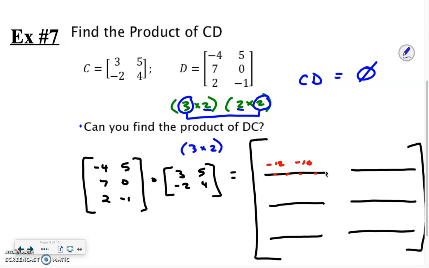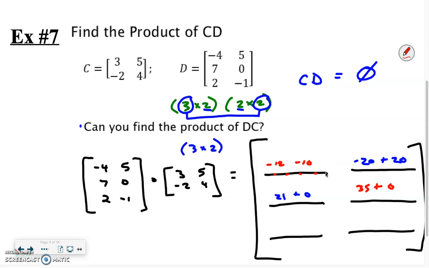Row 1, column 2, first elements, -4 times 5 is -20, 5 times 4 positive 20, so -20 plus 20. Row 2, column 1, 7 times 3 is 21, 0 times -2 is 0. Row 2, column 2, first element, 7 times 5, 35, plus 0 times 4 is 0.